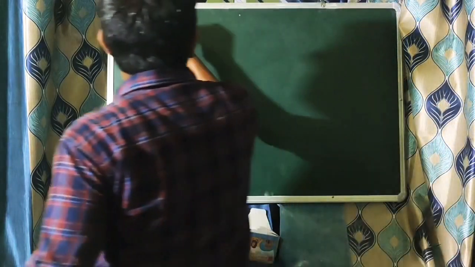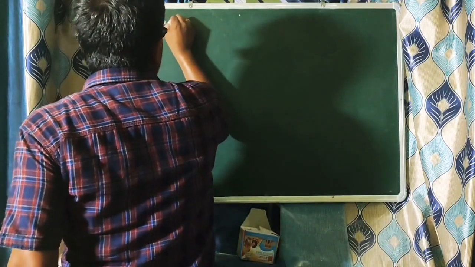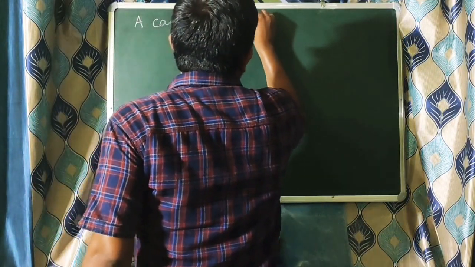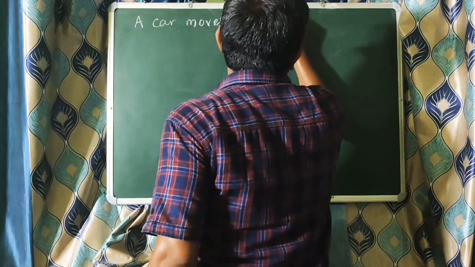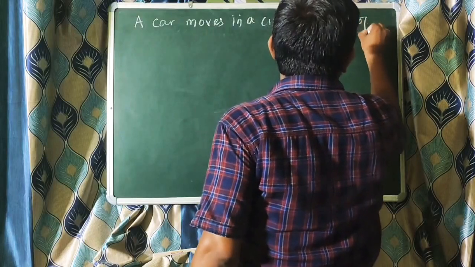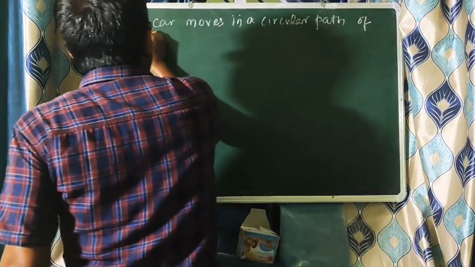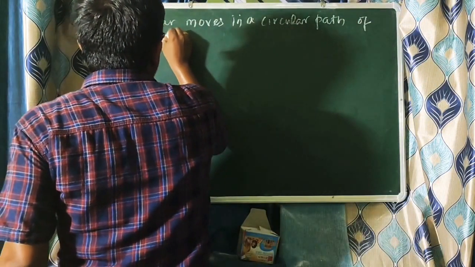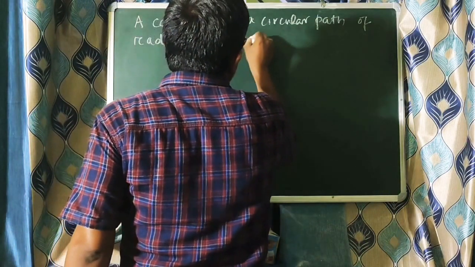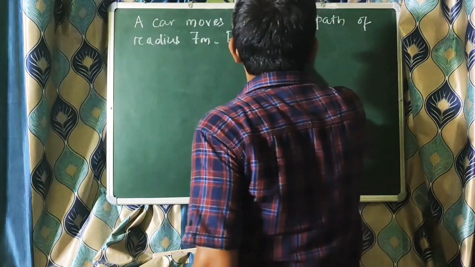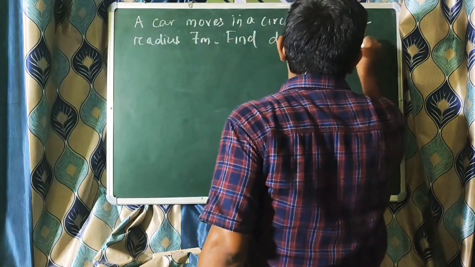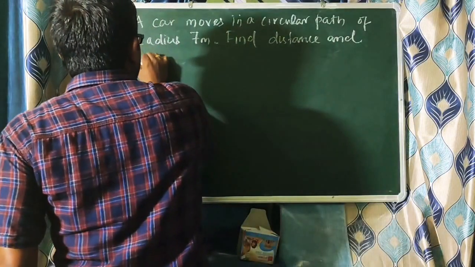The problem is: a car moves in a circular path of radius 7 meter. Find the distance and displacement.